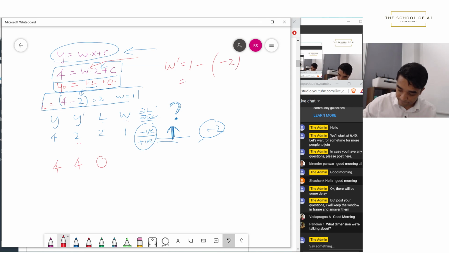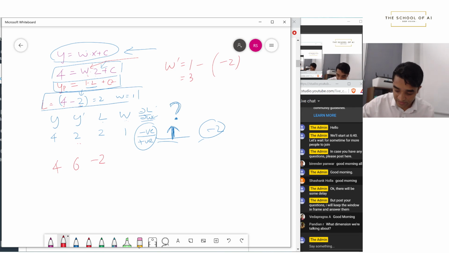So let's calculate our y again. If w is equal to 3, that means 3 into 2 is 6, so our prediction becomes 6. And if you see the loss right now, 4 minus 6 is going to be equal to minus 2, right?